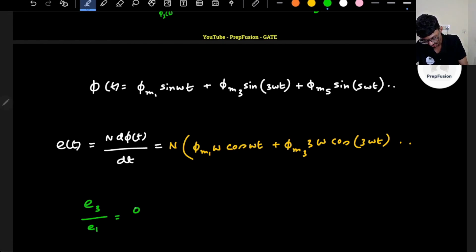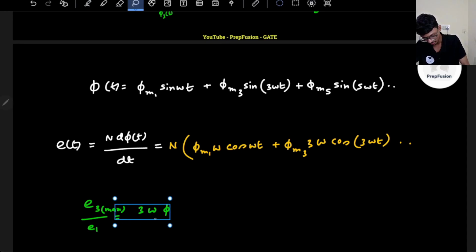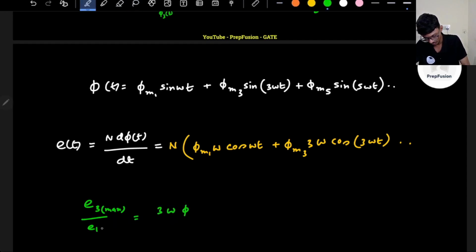So what is the third harmonic component relative to the fundamental component? Just talking about the peak value, E3 max and E1 max, right? This can be asked in a question.